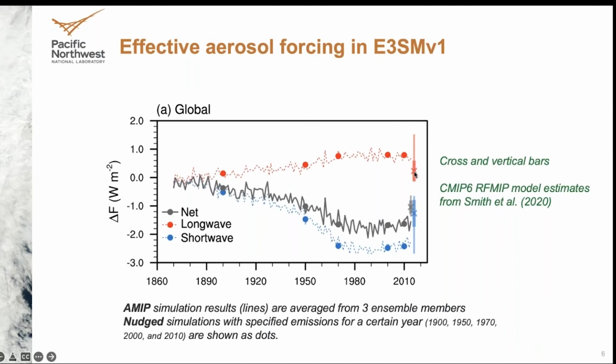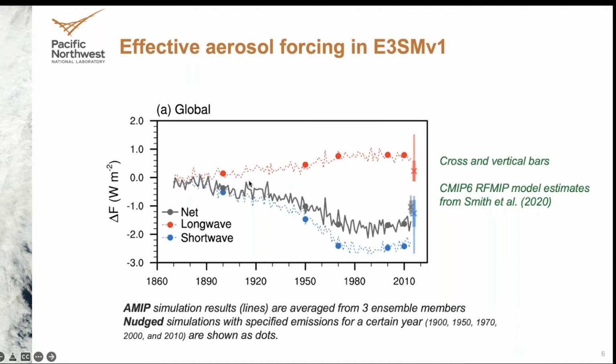The cross indicates the multi-model mean, the bars indicate the minimum and maximum ranges in those model estimates, and the thick bar indicates the standard deviation. You can see that for the net forcing, our model is out of the RFMIP model estimate bound, but for the component level, we are still within the range. But overall, we have a quite strong aerosol forcing in the V1 simulation.